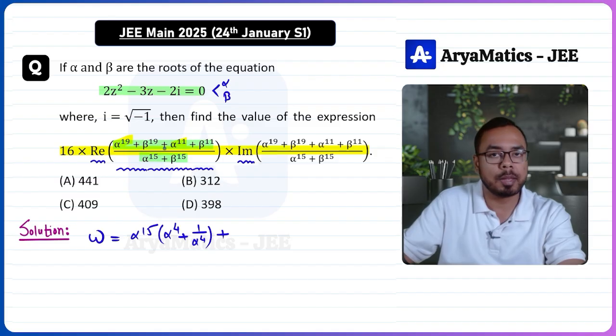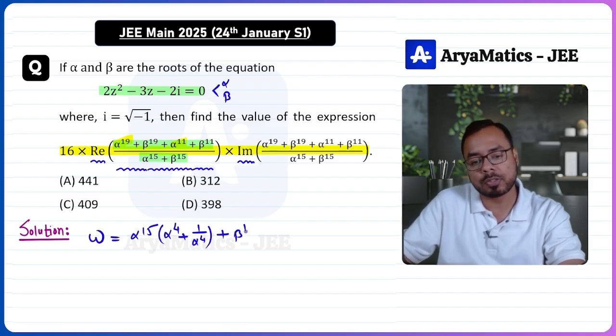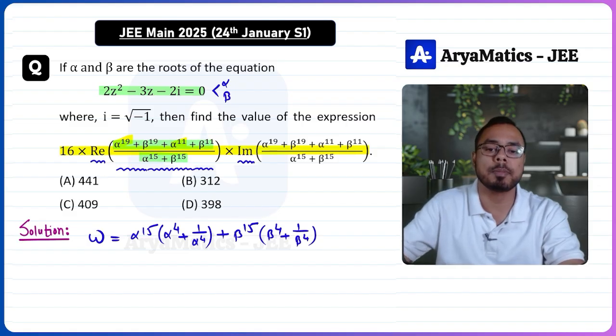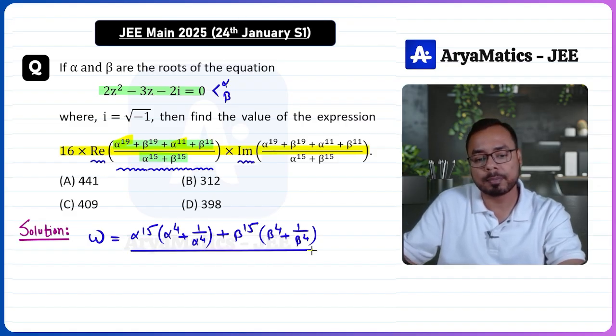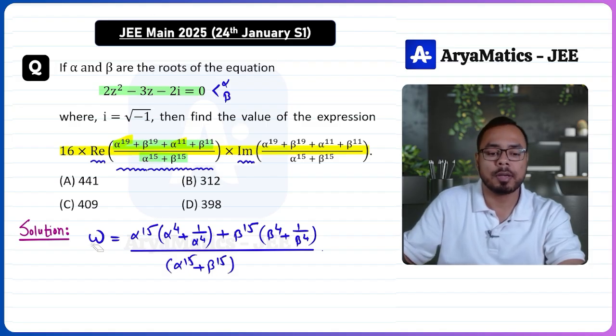And similarly, from the remaining two terms, you can take beta raised to 15 common, and that means you have beta raised to 4 plus 1 by beta raised to 4. This will be the numerator part of this complex number omega, and that divided by, in the denominator, we have alpha raised to 15 plus beta raised to 15. This is the complex number omega, right?